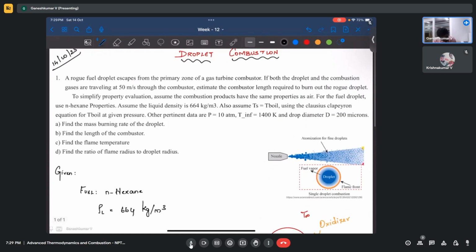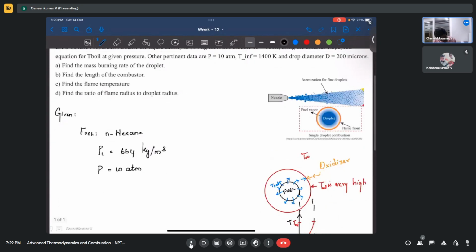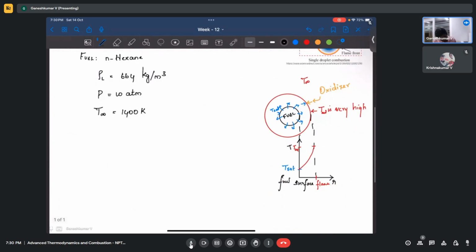Pressure is 10 atmosphere. T infinity is 1400 Kelvin, and the droplet diameter is also given, 200 micrometer.